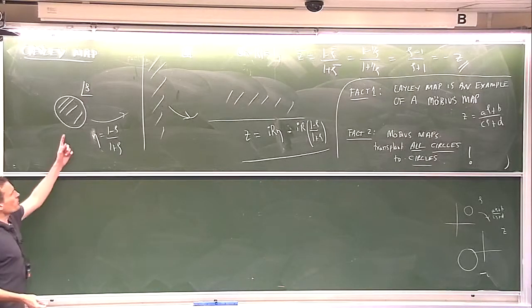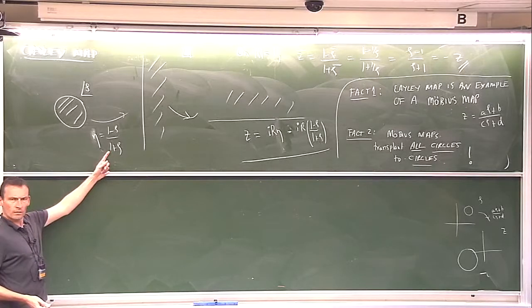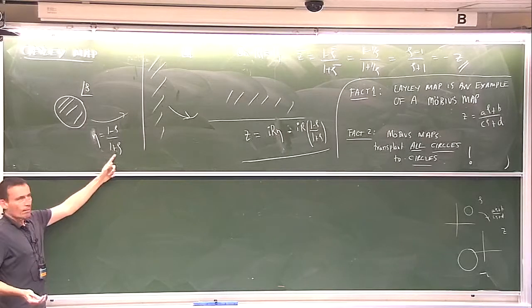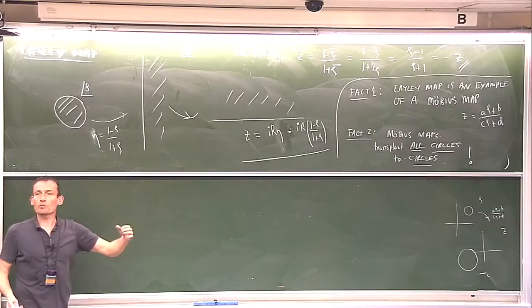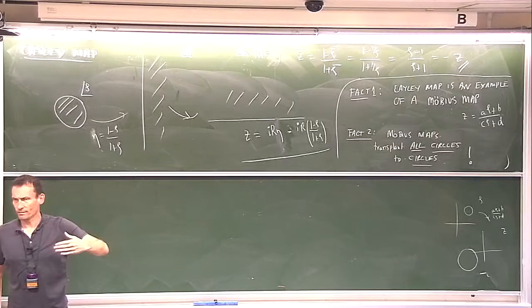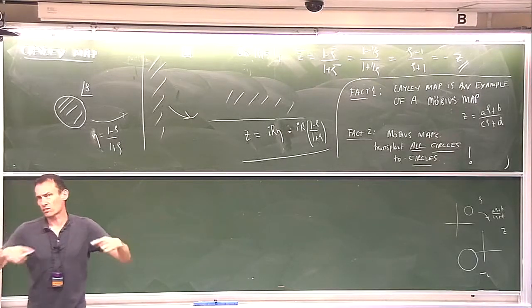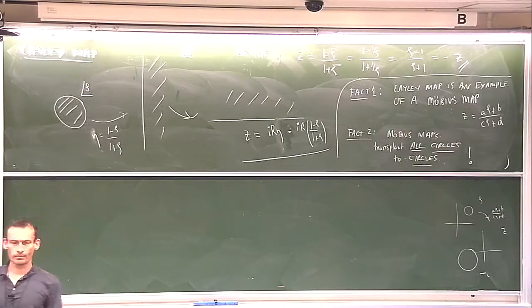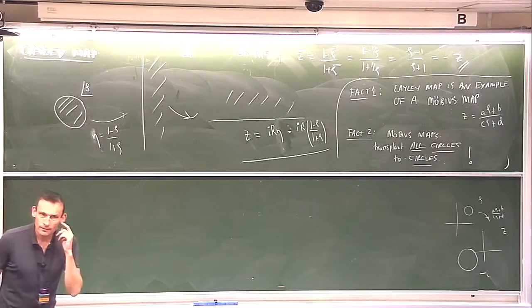And you might be wondering, what about this Mobius map here? This is still a circle, except it goes through the point at infinity. So straight lines are circles that just have to go through the point at infinity. Isn't that an interesting fact?